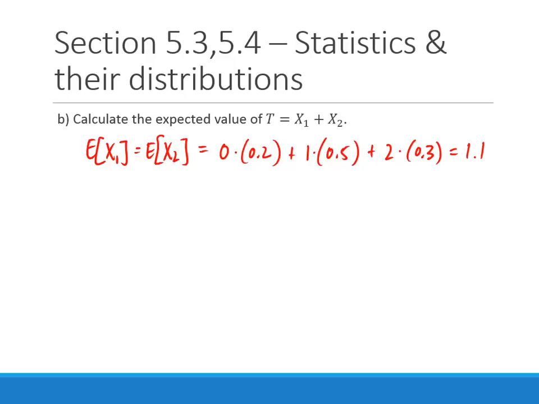Okay, so the first way I could do this, the expected value of t. Well, that's just the expected value of x1 plus x2, right? And what do we know about expectation when it comes to a sum inside there?